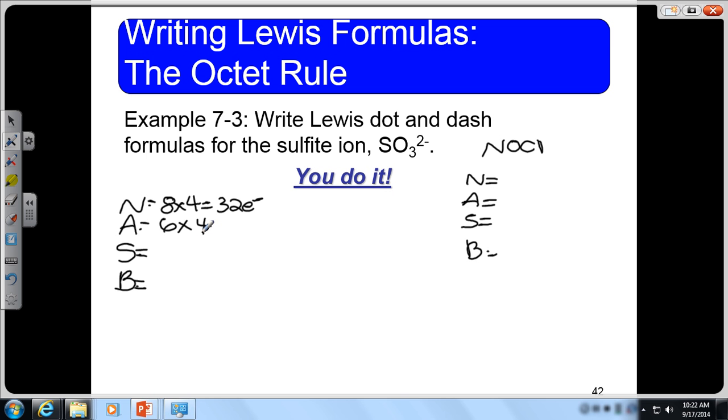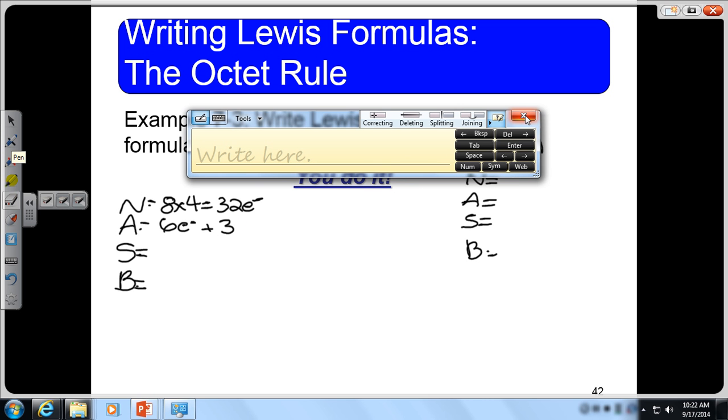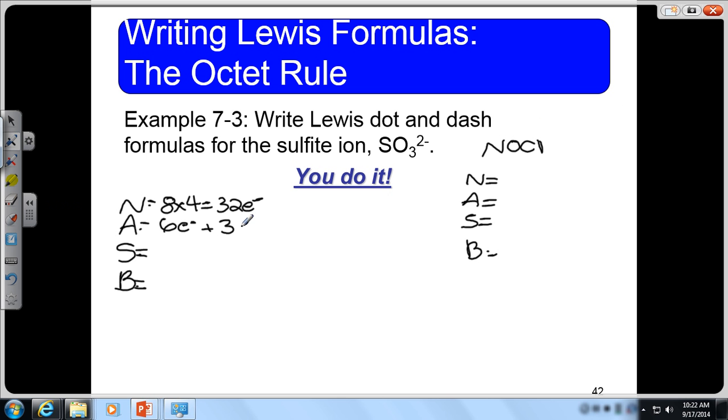I'll write it out better, that way nobody gets confused. We have available 6 electrons for 1 sulfur. And then we have 3 oxygen atoms, and they also have 6 available.